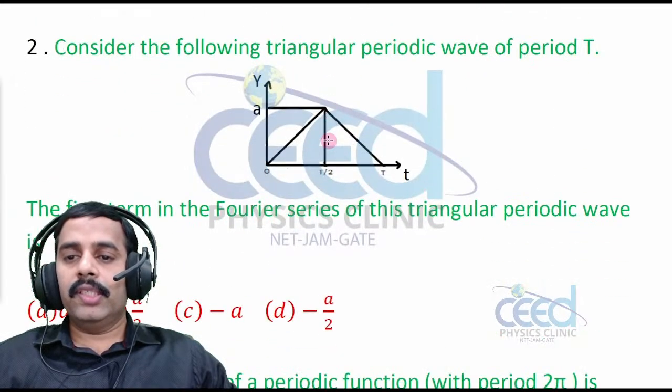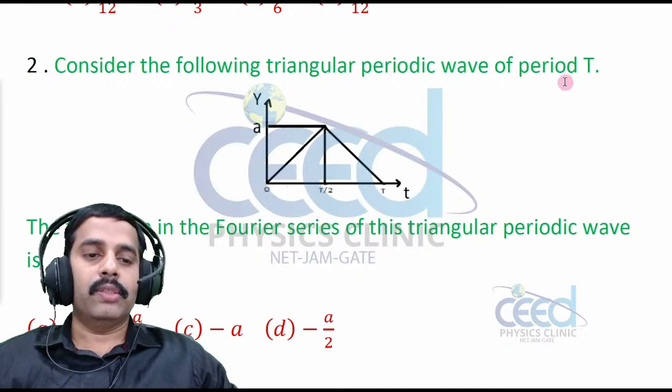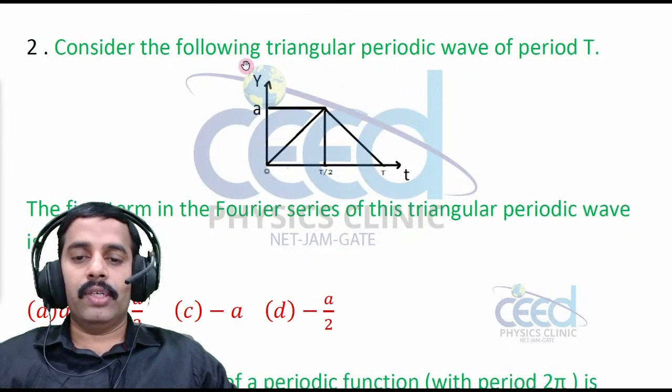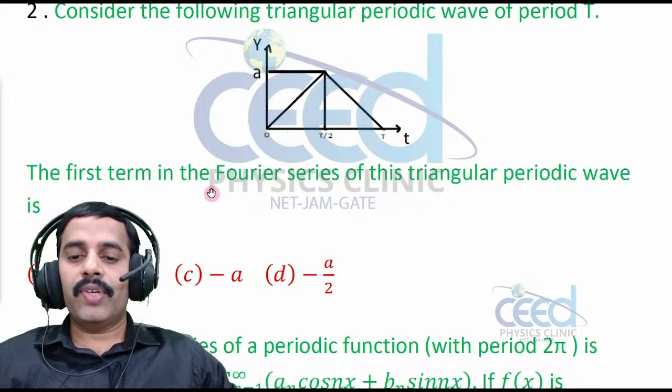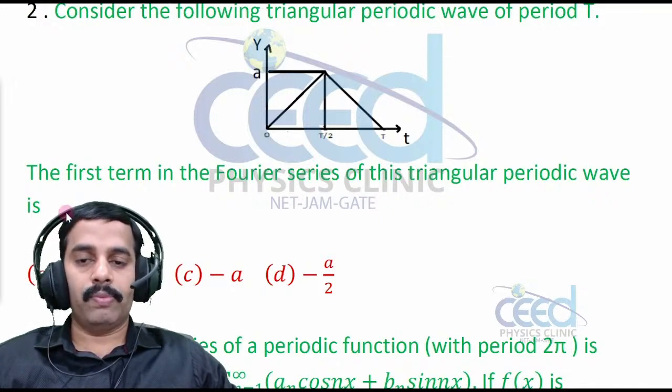Now another question is, consider the following triangular periodic wave function of period capital T, and a graph is given, a triangular wave of period T. The first term of the Fourier series of this triangular periodic wave is.